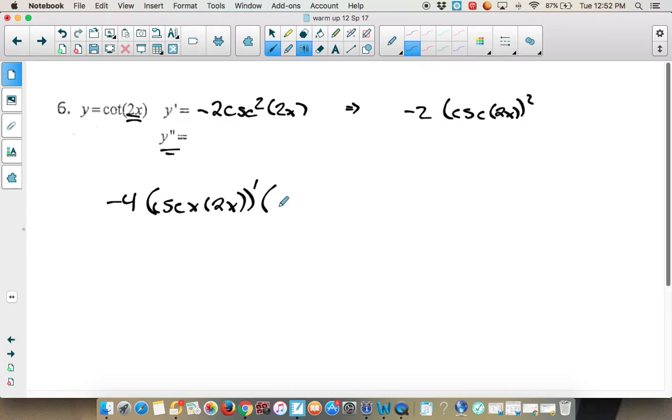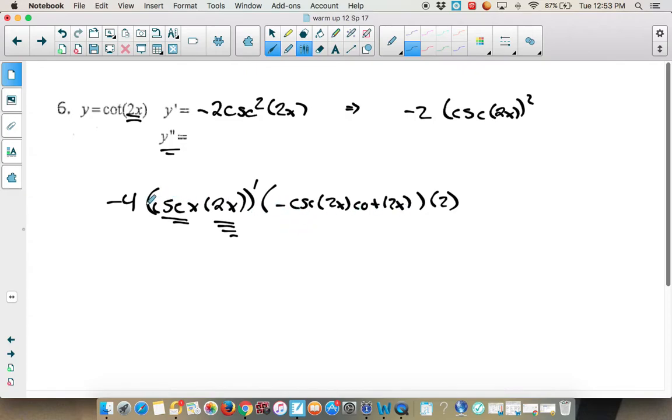Well, the derivative of the inside is going to be, I'm going to deal with this inside first, negative cosecant 2x cotan 2x, and then I have an additional inside, so I'm going to multiply by the derivative of that, which is 2.